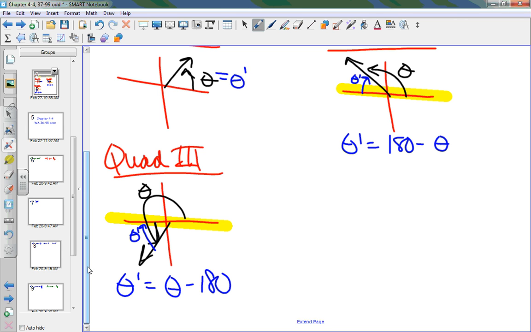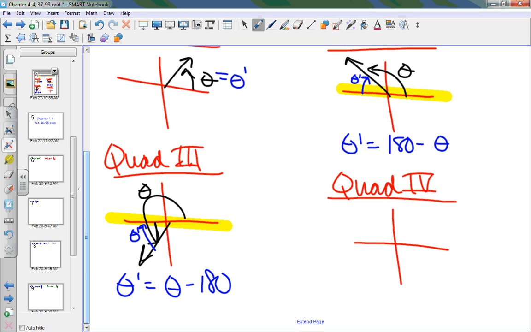Okay, well now I'm going to be in quadrant 4. In quadrant 4, there's going to be my theta. Now how do I find theta prime? It's formed by using the horizontal axis. The horizontal axis is there, so therefore this is going to be my theta prime.